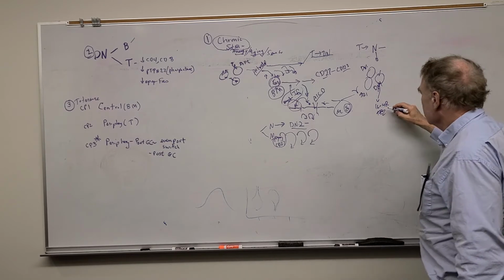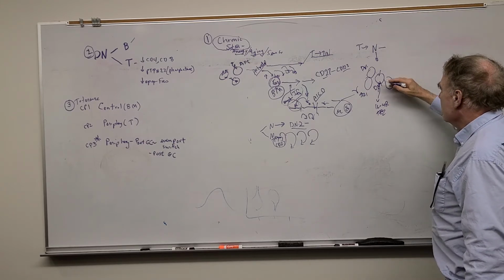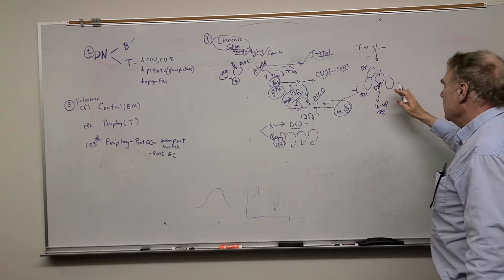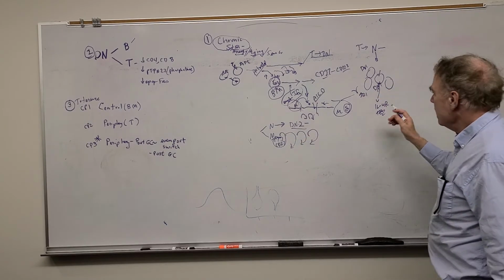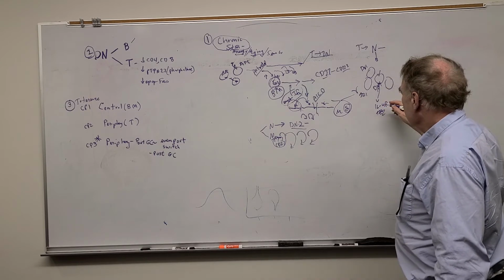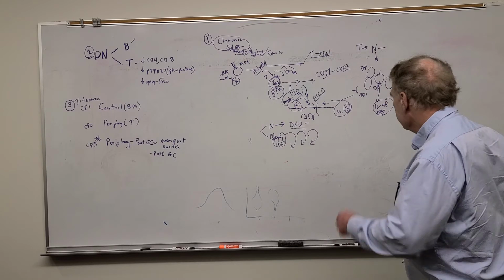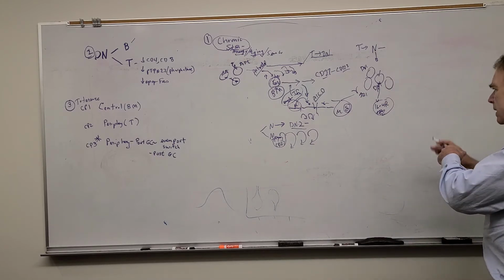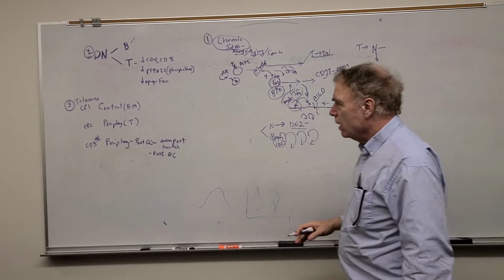And then there's DN3, which is another population. But there's probably lots of DNs that are a result of this kind of chronic stimulation. But probably the DN4, I'm going to say the DN4 might come from this kind of memory response.